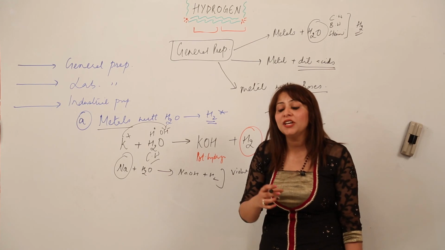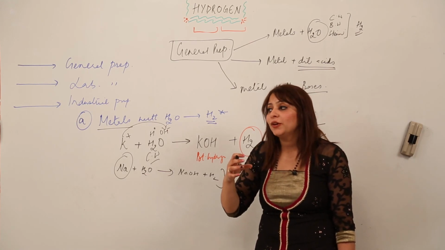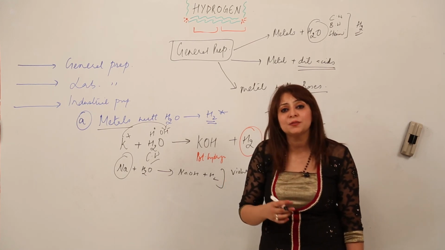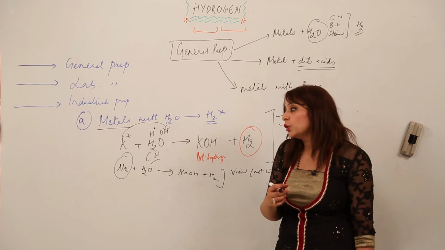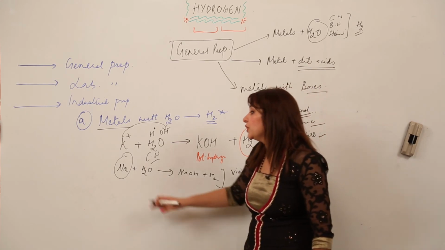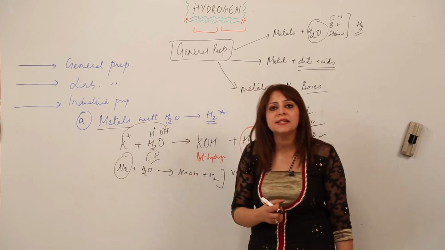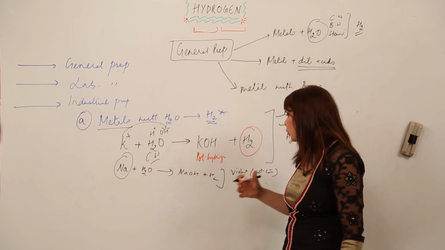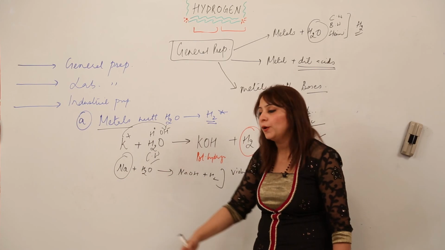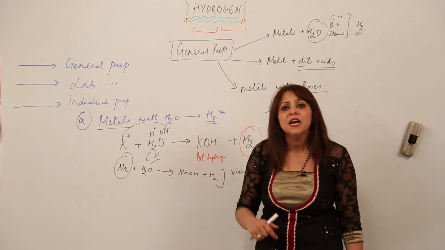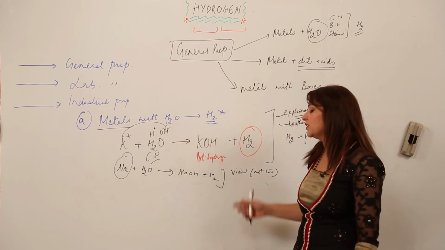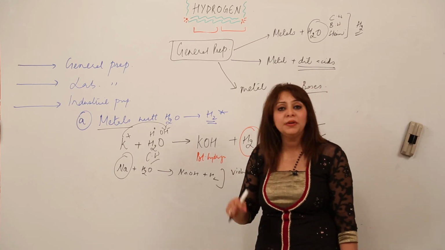So the collection of the hydrogen gas becomes very difficult in that case. To avoid that, we use sodium wrapped in something, so that it does not dart in the water and hydrogen can be collected easily. But still it is not a good method because again it is exothermic and can be violent.